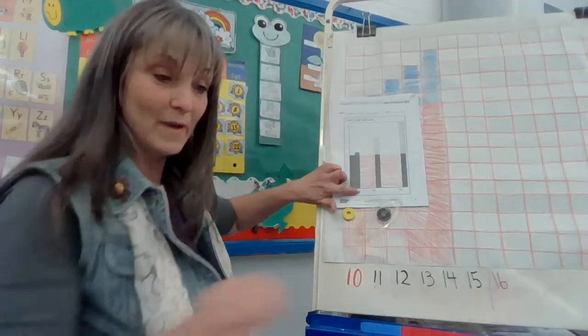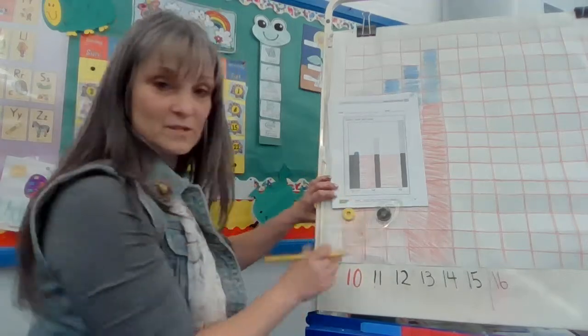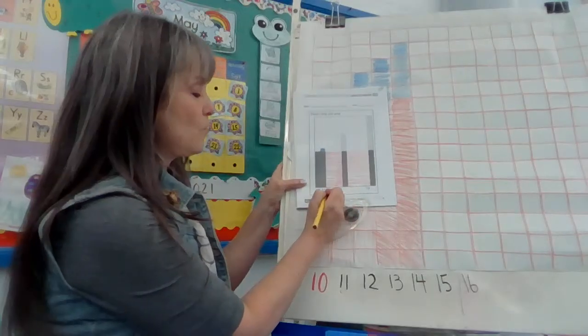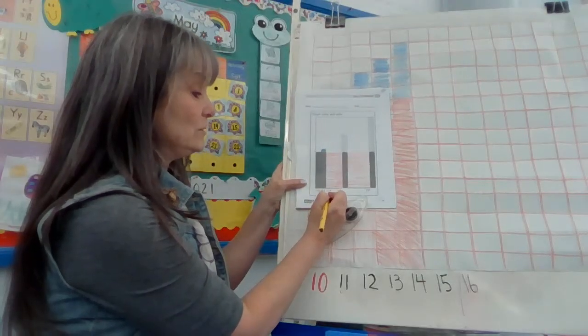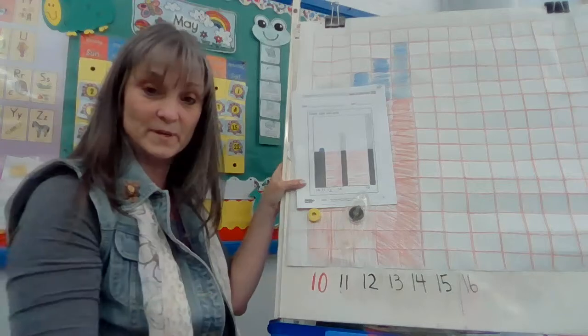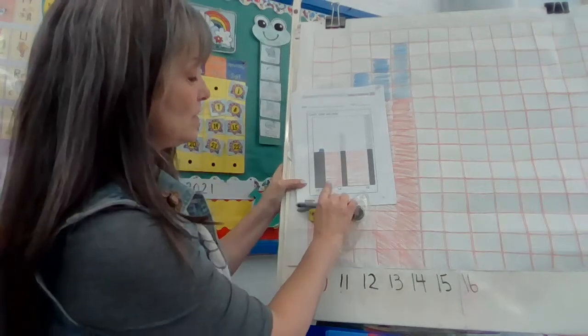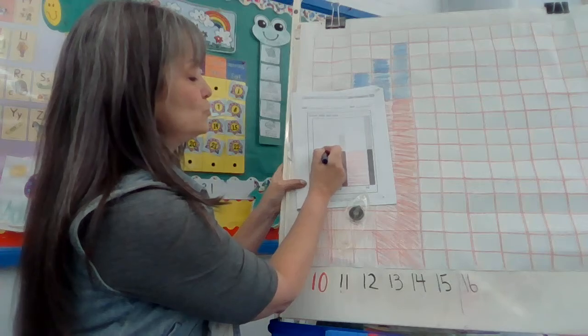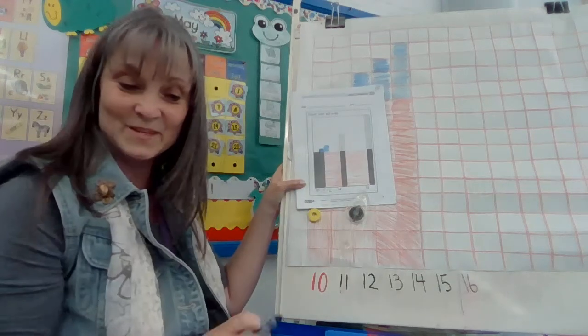Now I have to write the next number. What comes after 10? 10, 11, 12. 1, 2. Oh, it's hard to fit it in the lines. You'll have to be careful. And then I have to show it 10 red and 2 more. See how it's going up?